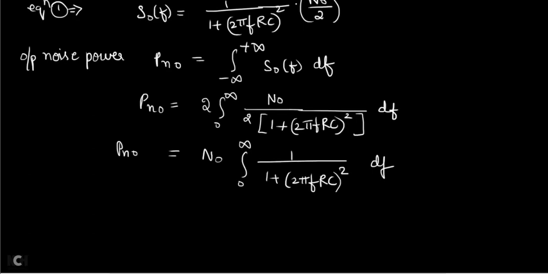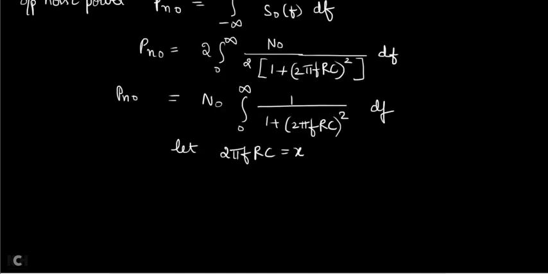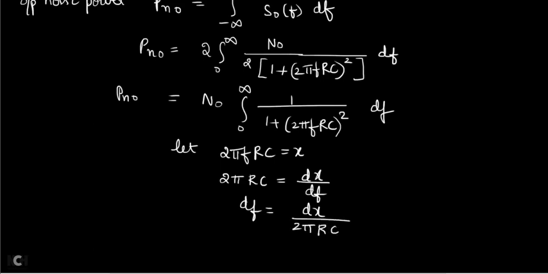So now let me substitute, let 2 pi fRC, I am going to take it as some other variable x. Now you differentiate on both sides with respect to frequency. So you will get 2 pi RC is equal to dx by df. Now df is equal to dx divided by 2 pi RC.